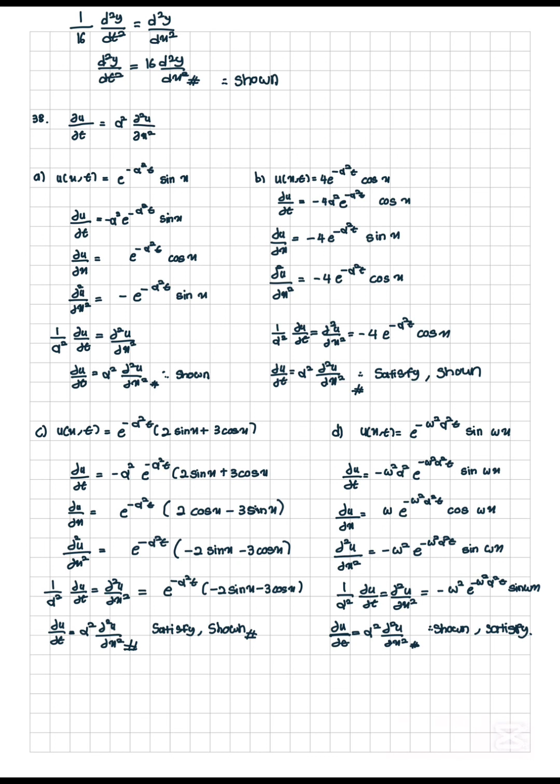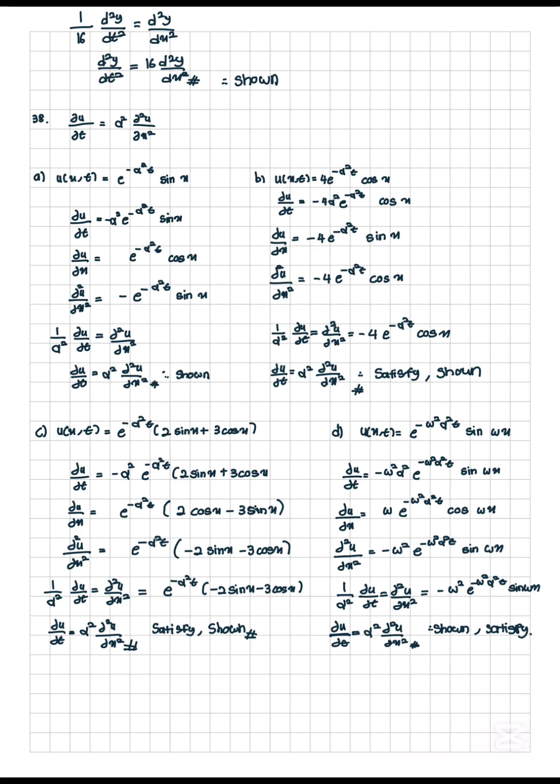Differentiate u with respect to x, and we got e^(−α²t) (2 cos x − 3 sin x). Differentiate u twice with respect to x, and we got e^(−α²t) (−2 sin x − 3 cos x). Rearrange the equation, and we got ∂u/∂t = α² ∂²u/∂x².